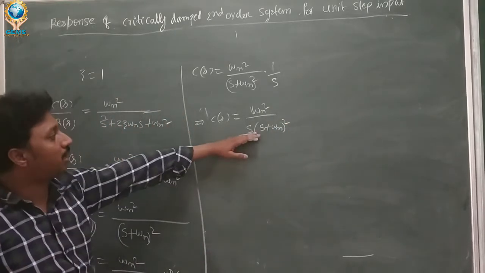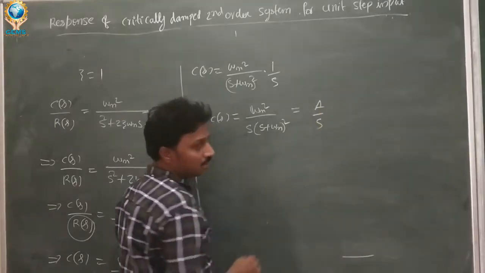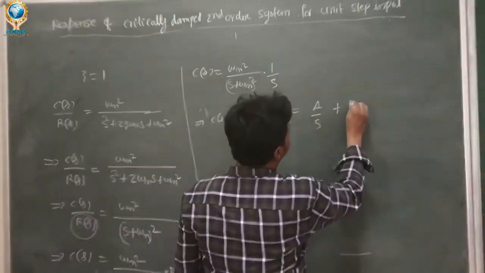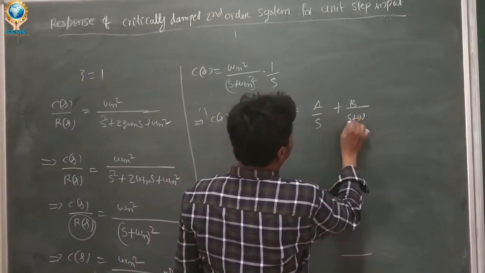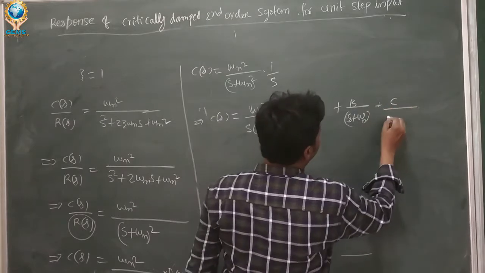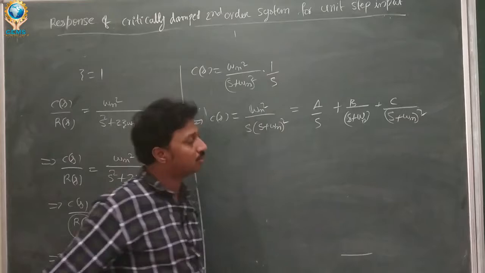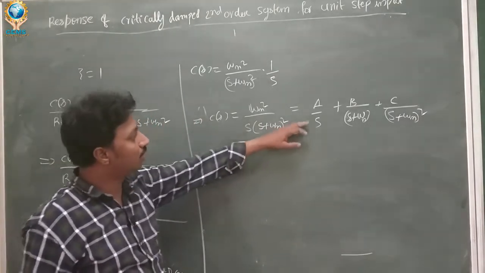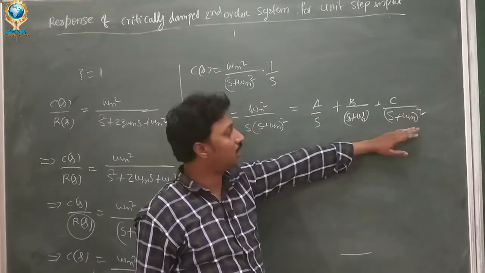Now you apply the partial fraction. So we have a by s plus b by s plus omega n plus c by s plus omega n square, right?